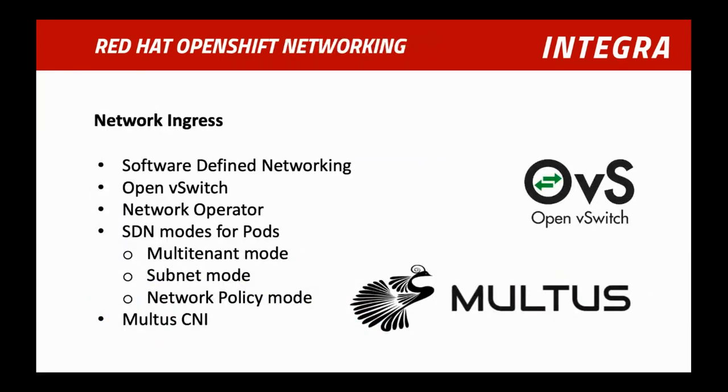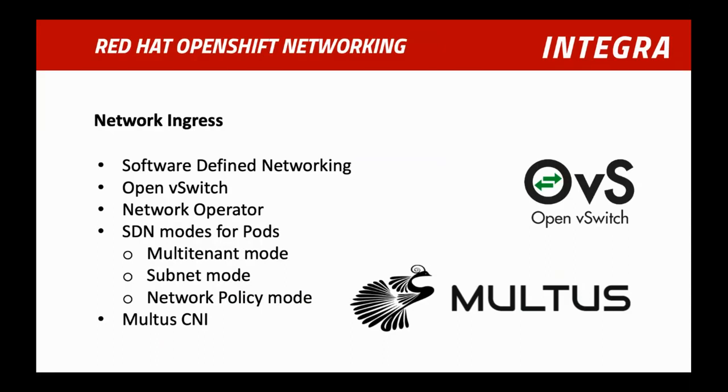OpenShift implements software-defined networking to manage the networking infrastructure of the cluster and the user application. Software-defined networking is a networking model that allows you to manage the networking services through the abstraction of several networking layers. This basically decouples the software that handles the traffic from the underlying mechanism.